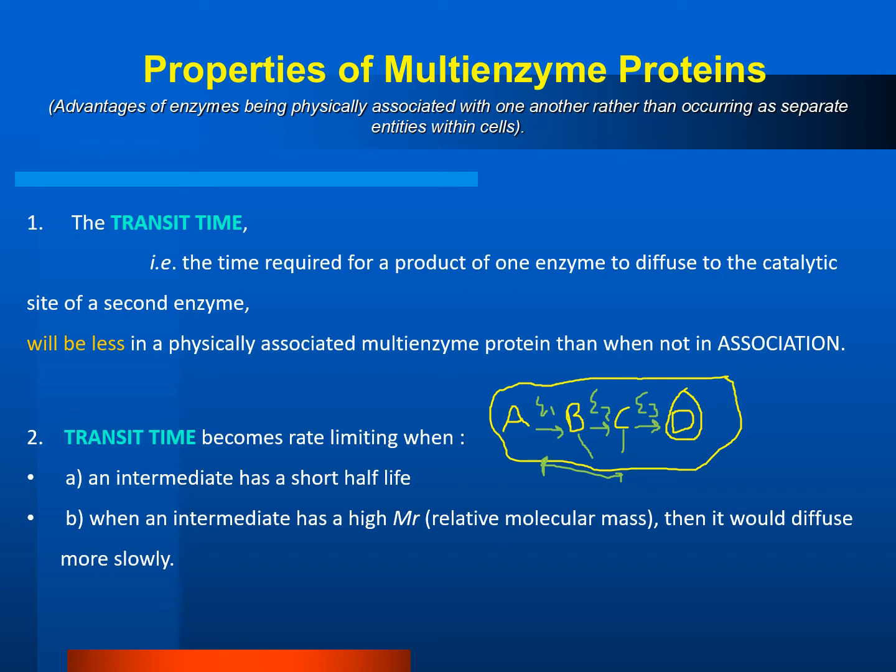So short that the actual time taken by B to cover this distance, or to be accessed by E2, is much longer than the half-life of B, which means by the time B covers its transit time or reaches the catalytic center of E2, it has already started degrading.